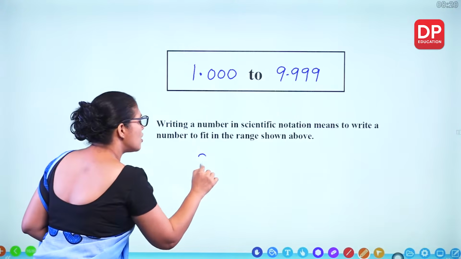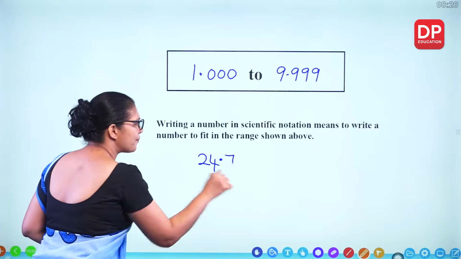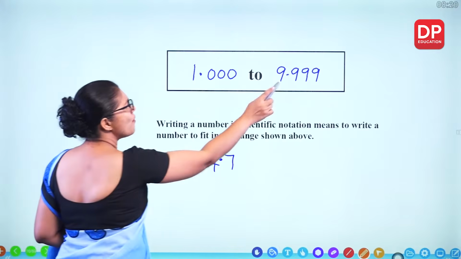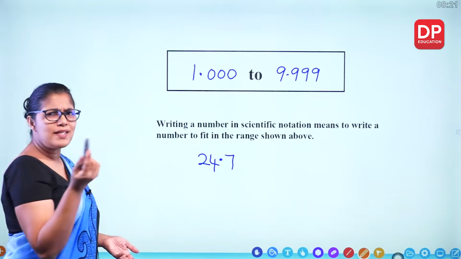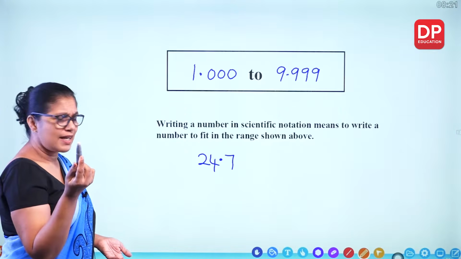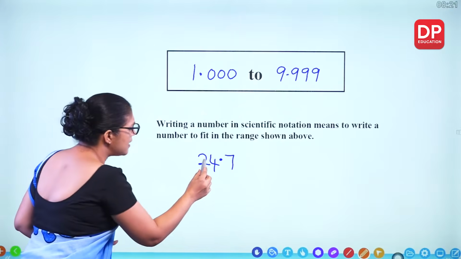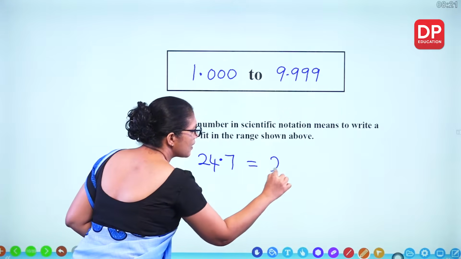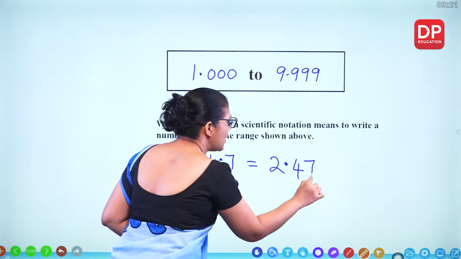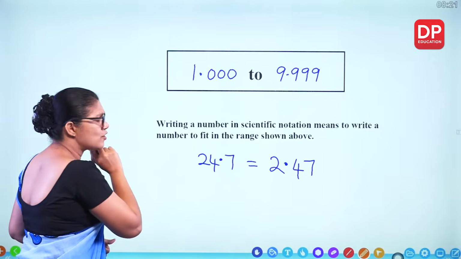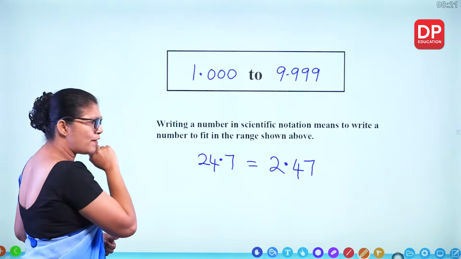We'll check it. 24.7. This is more than 10, while this range is in between 1 and 10. 24 means more than 10. So if we take the decimal point in between 2 and 4, that means 2.47. How can you get 24.7 from 2.47?